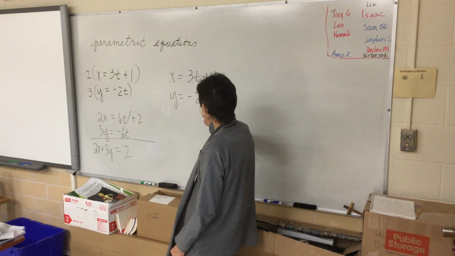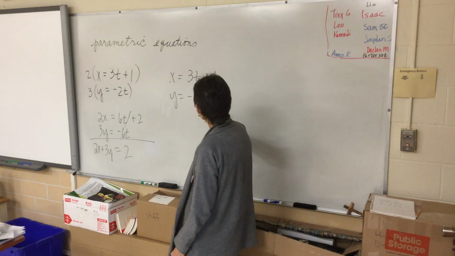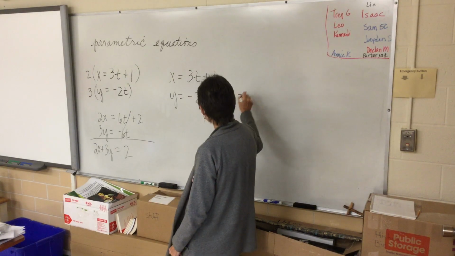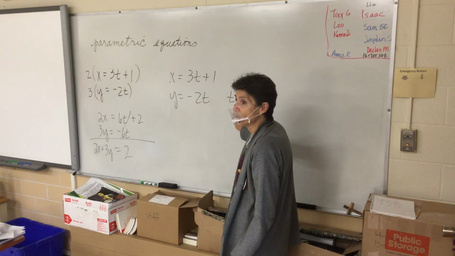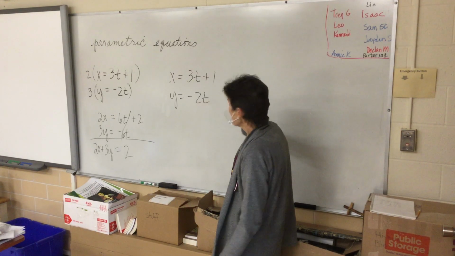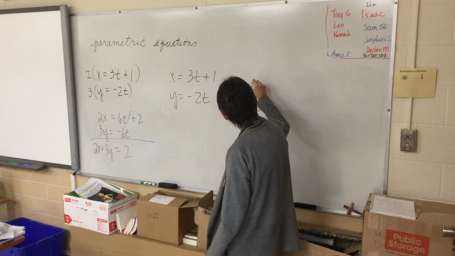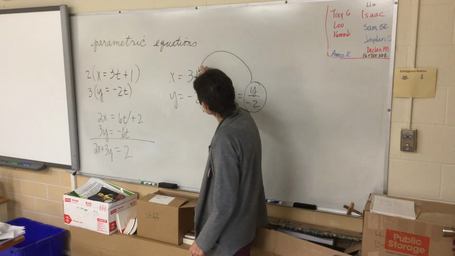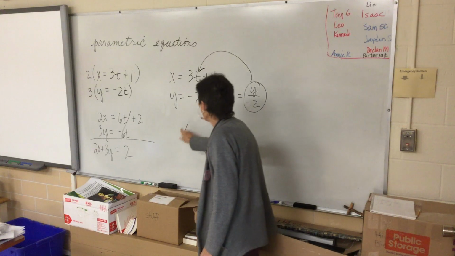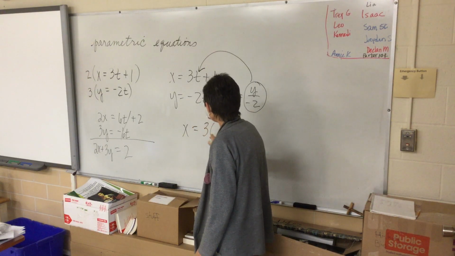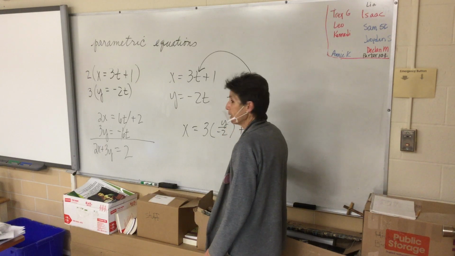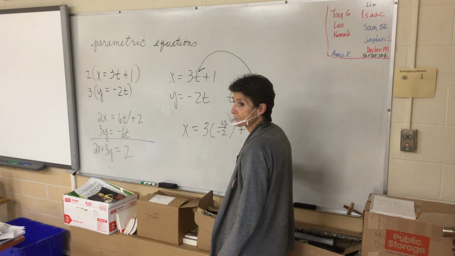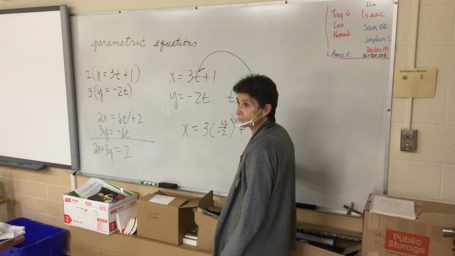So I'm gonna take this second equation and I'm going to divide by -2 so that t is by itself. Then I'm going to take that and plug it into here. So x equals 3 times y over -2 plus 1. See what I did?